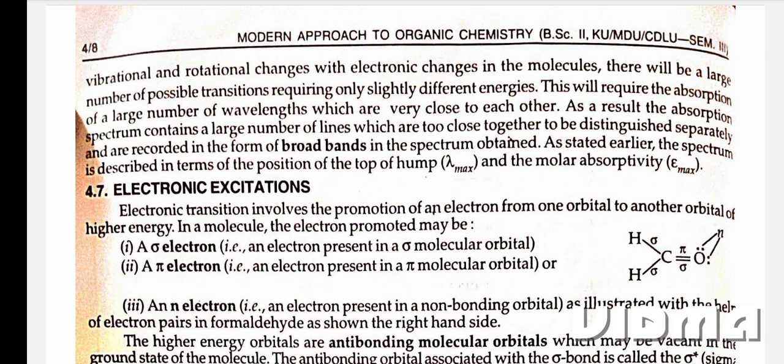This will require the absorption of a large number of wavelengths which are very close to each other. As a result, the absorption spectrum contains a large number of lines which are too close together to be distinguished separately and are recorded in the form of broad bands in the spectrum obtained. As stated earlier, the spectrum is described in terms of the position of the top of the hump and the molar absorptivity.